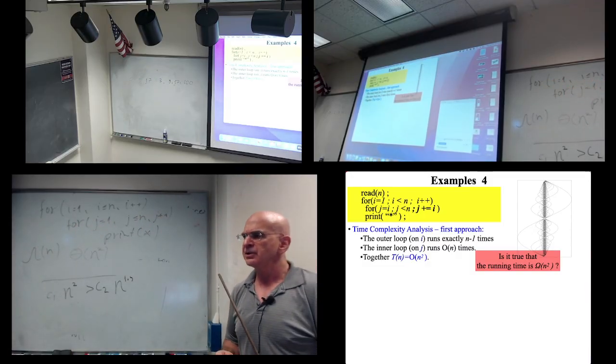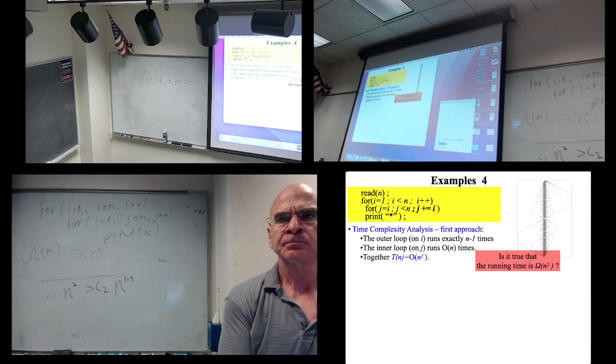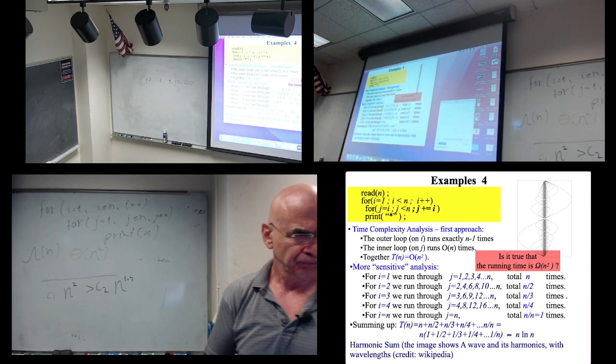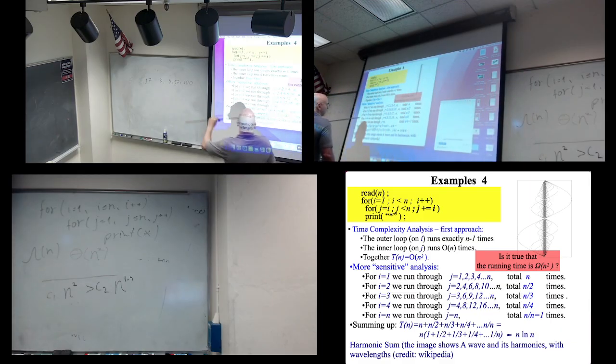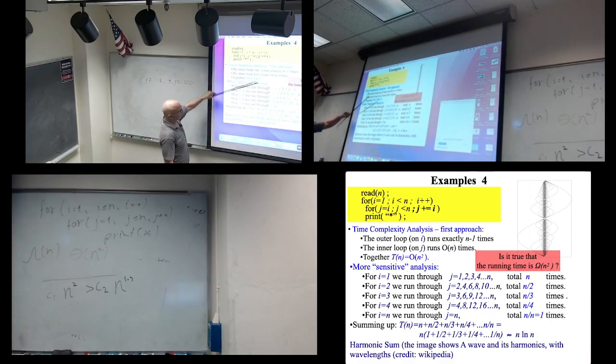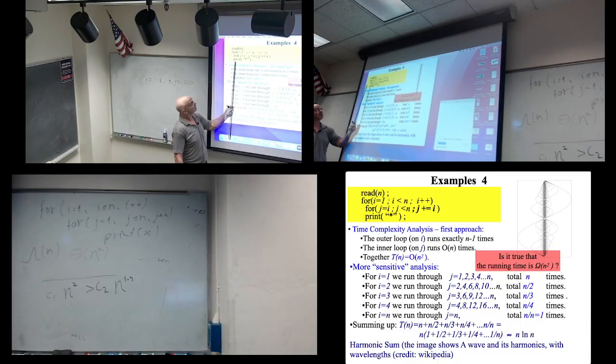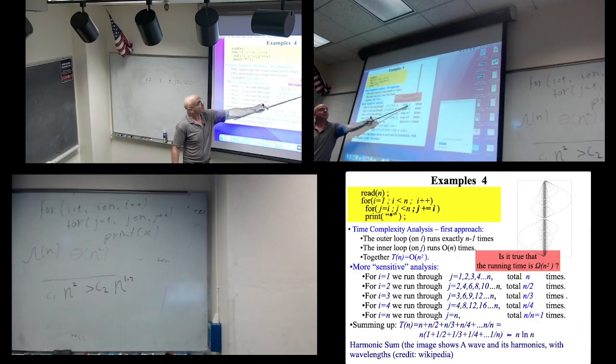Any math students here, by the way? When i equals 1, what do I get as the value of j? It starts with 1, then 2, 3, 4, all the way up to n. So I printed n stars. I spent n time.